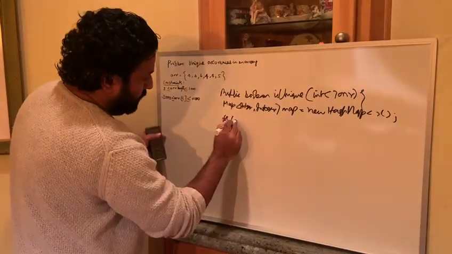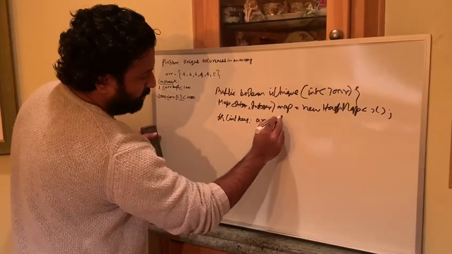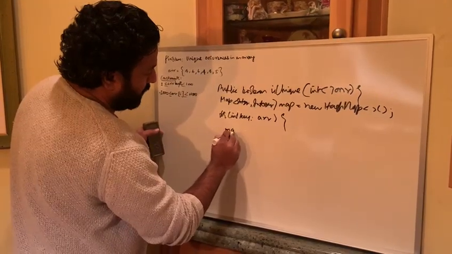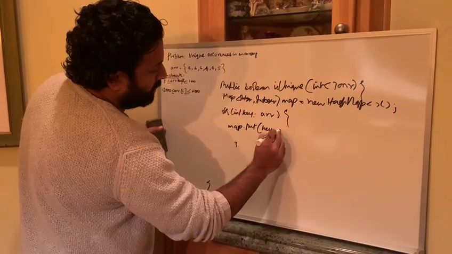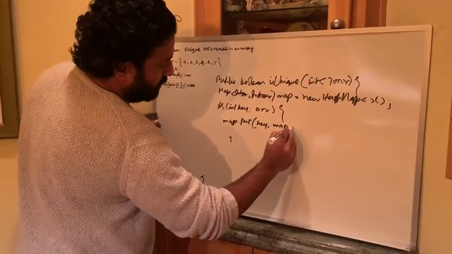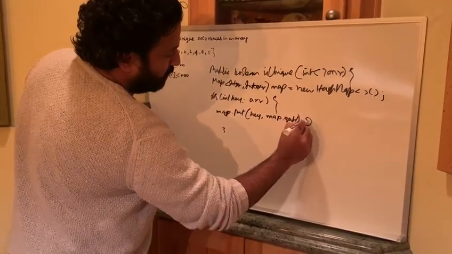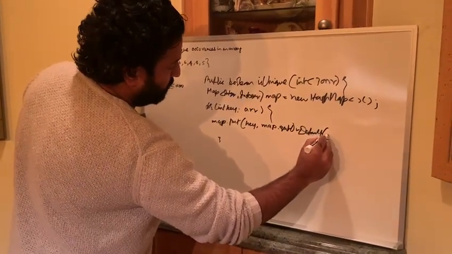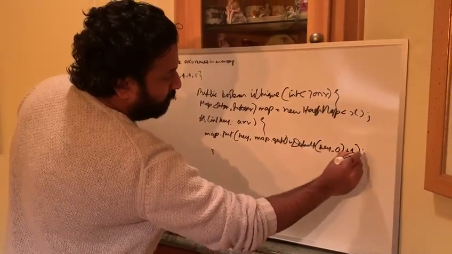For int key in the input array, we want to do map.put the key, and the value as map.getOrDefault the key, and we increment it by 1.